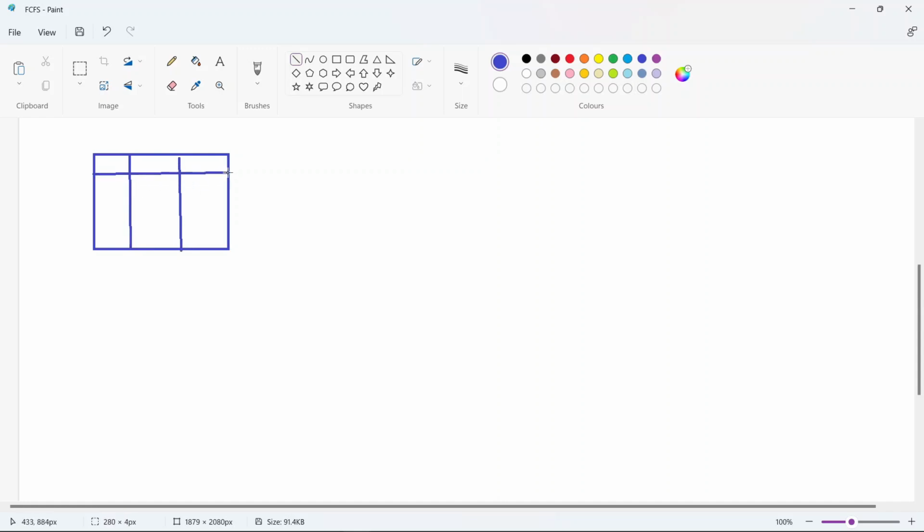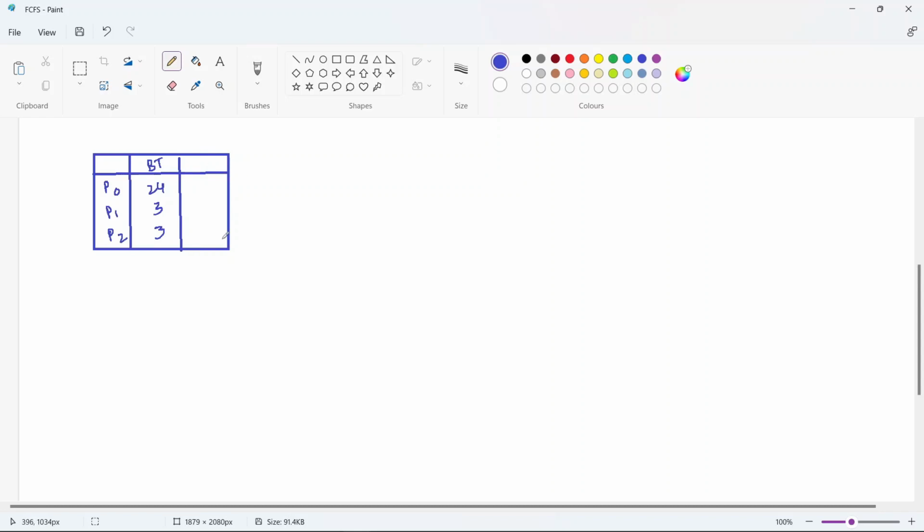Observe here, there is no arrival time given. So this is P0, and P0 requires a burst time of 24 seconds, P1 requires 3 seconds and P2 requires 3 seconds. Alright, now there is no arrival time given.